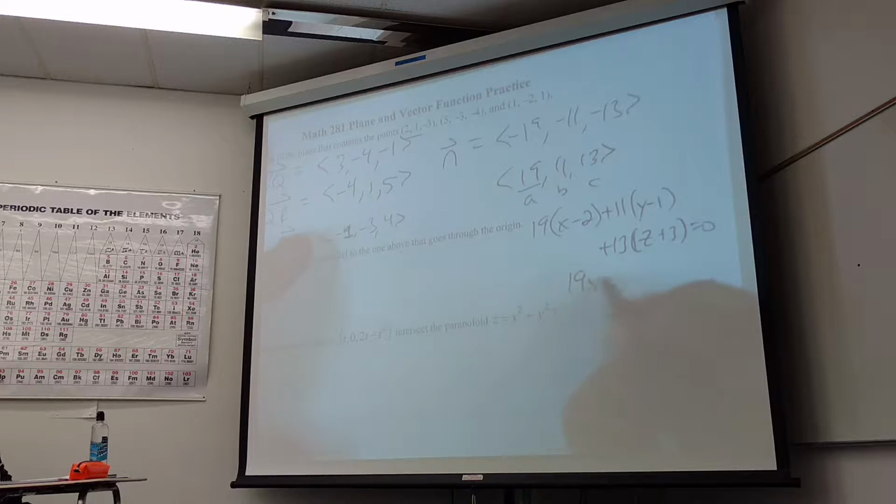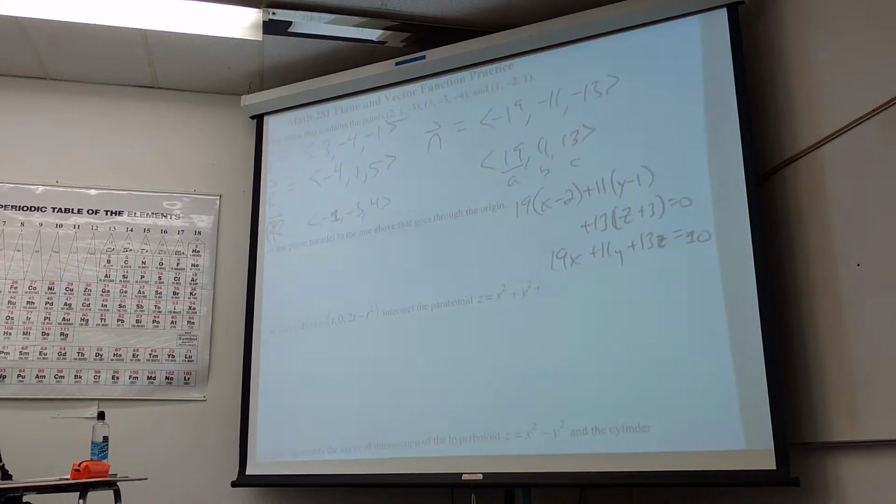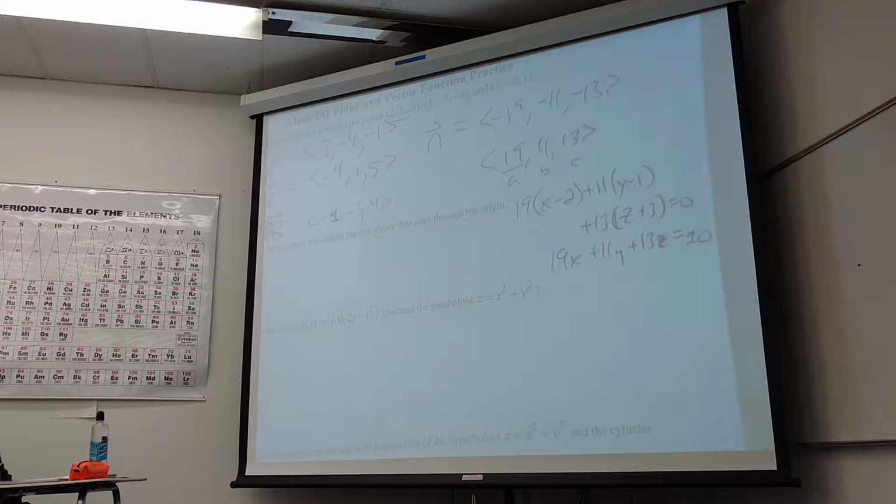And what do you get when you solve for the other side? In this case you get 10, because I divided by negative already. Is that what you guys got? You might have gotten negative 19, negative 11, negative 13, and you just divide both sides by negative 1, right?